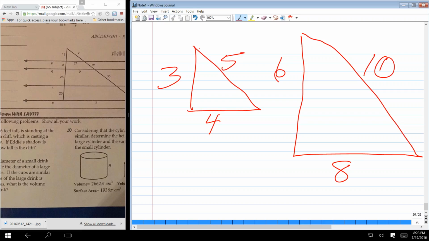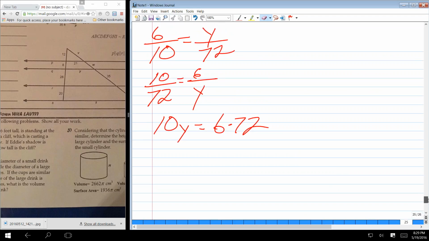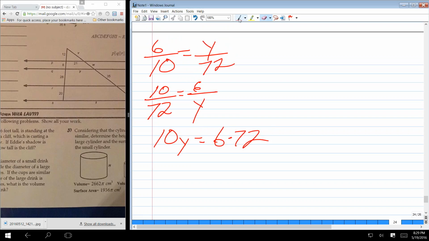In other words, I can compare the left side of that triangle with the left side of that triangle and go from there. But I can also say 3 is to 4 as 6 is to 8. In other words, I can compare the two sides within one triangle to the two sides in the other triangle. And it again produces that same phenomenon where when you cross multiply, you end up with the same thing regardless of which one you used. Whether you use that one or that one.